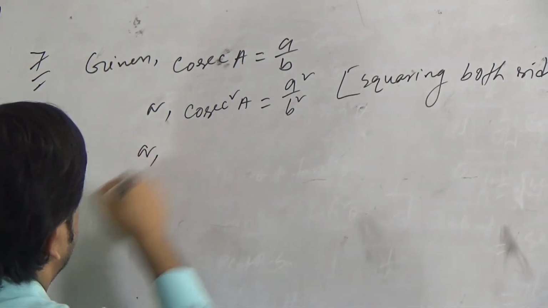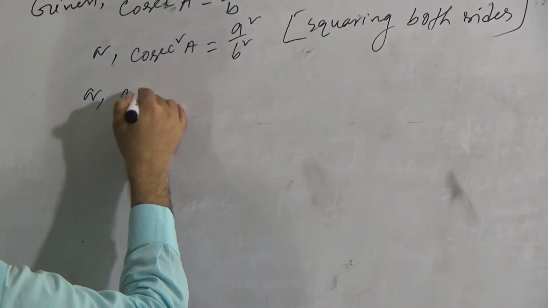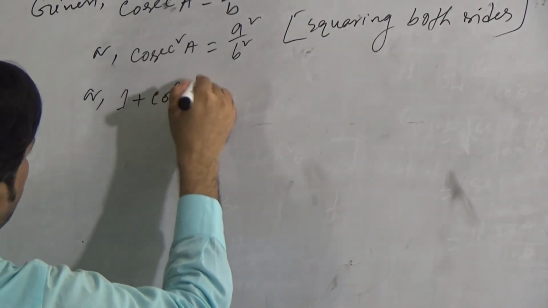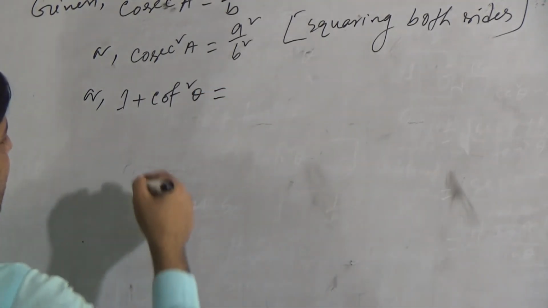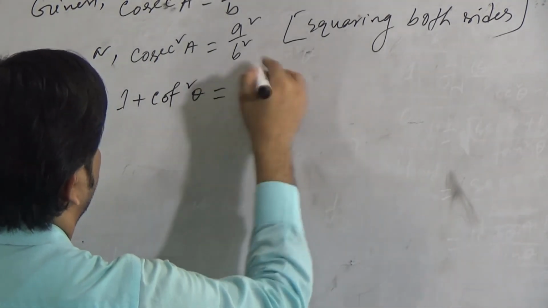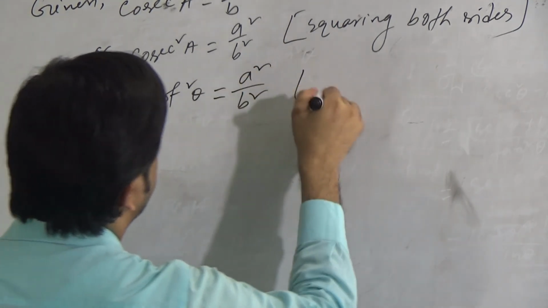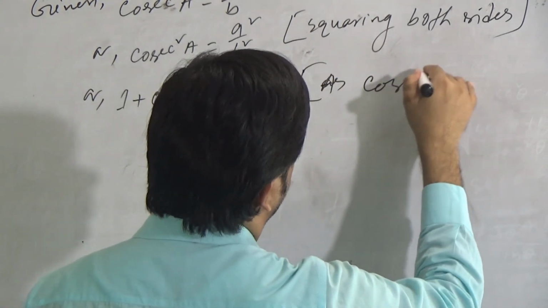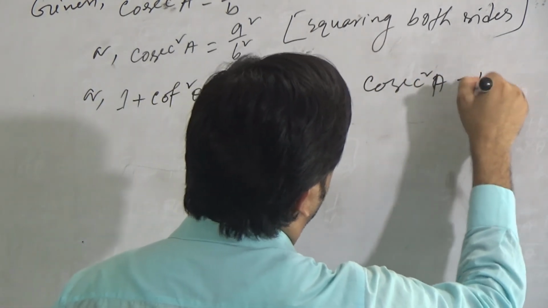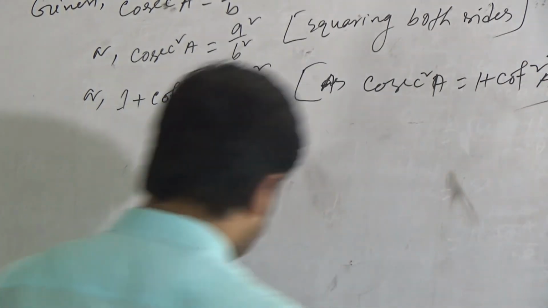So we can write here cosec square A means 1 plus cot square A. We can apply the formula here, that is A square by B square. We can write cosec square A is equal to 1 plus cot square A. This is the identity.